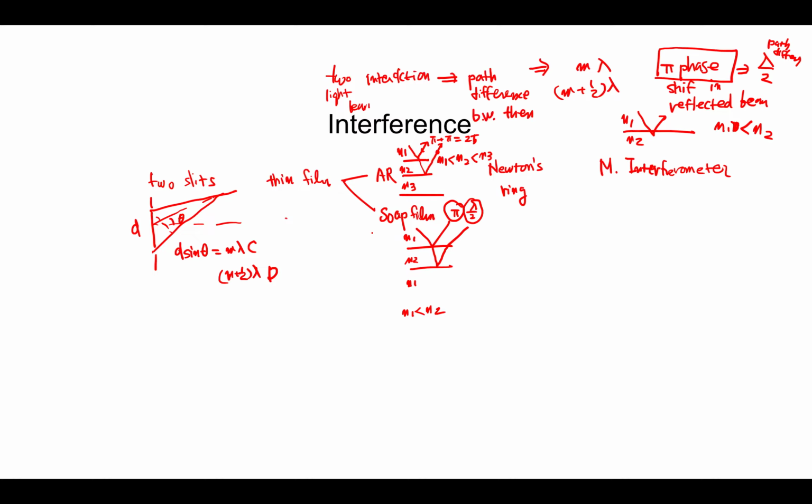So in the case of soap film, you have a different case. It's 2t. So usually 2t equal to m lambda is destructive, and m plus half lambda is constructive. So note that it is opposite.